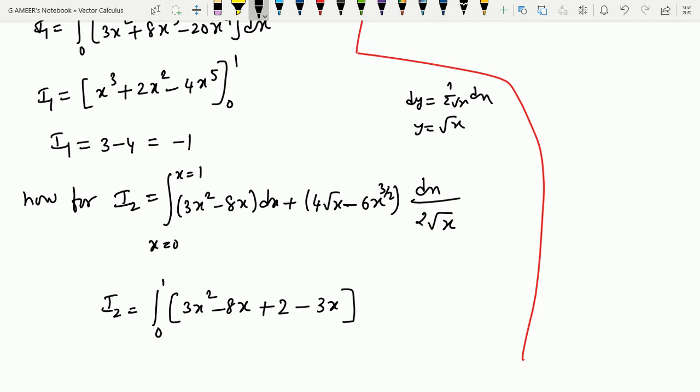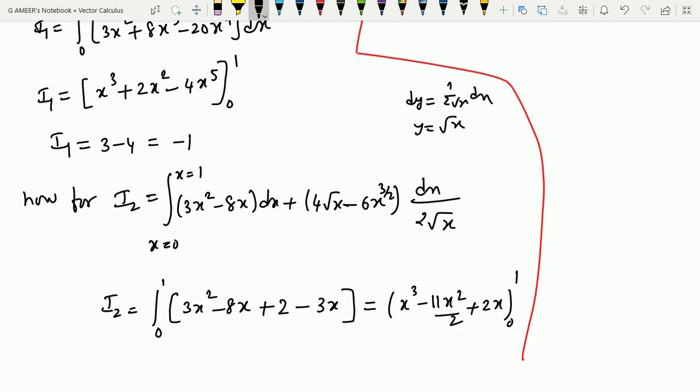So when I integrate this, what will I have? The integration of 3x square minus 11x plus 2. The first is 3x square, that is x cube by 3, the 3 cancels. Then minus 11x square by 2, then plus 2x, limits from 0 to 1.